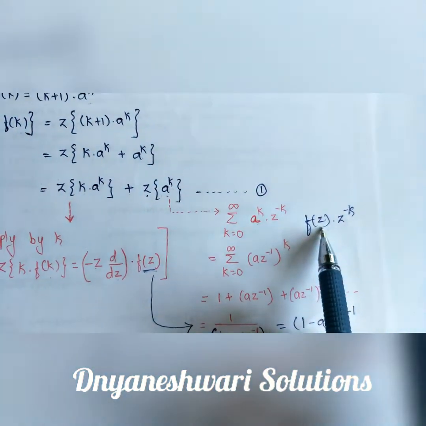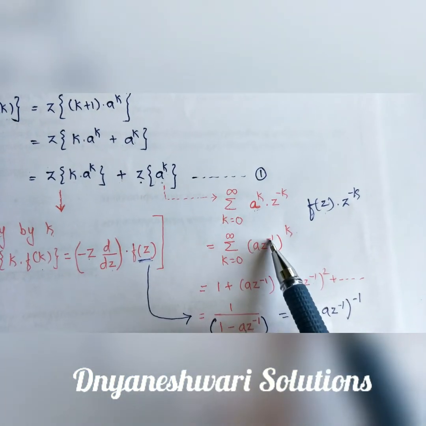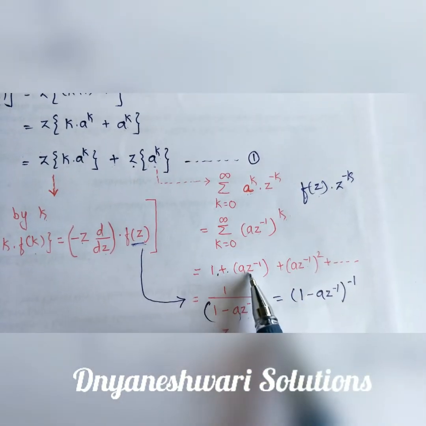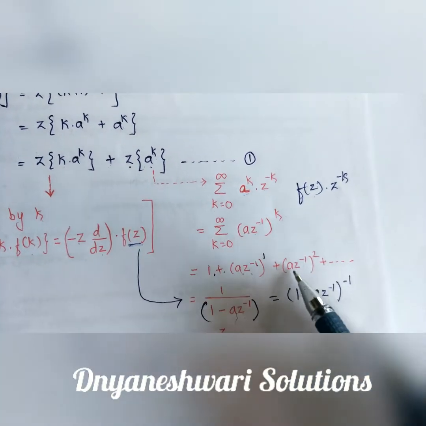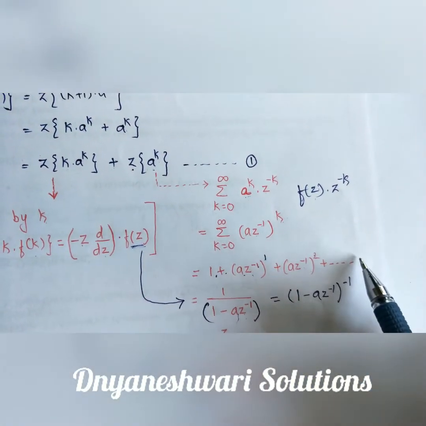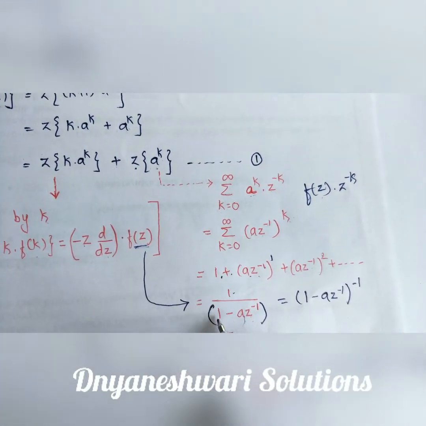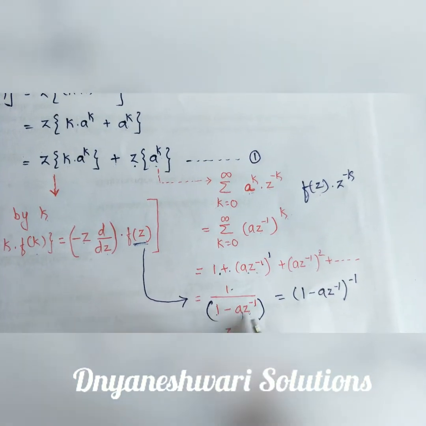So what is our f of k? a raised to k. So take k common, that is (a z raised to minus 1) raised to k, and simplify this as 1 plus a z raised to minus 1, whole raised to 1, plus whole raised to 2, up to n. So how to simplify this? By using 1 upon 1 minus a z raised to minus 1. This is our general steps.